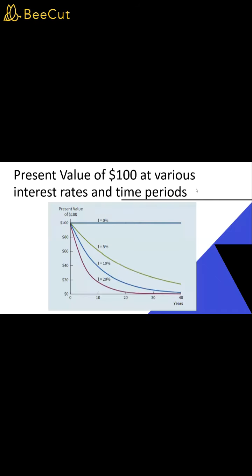Now in this slide, you can see it looks pretty much the opposite of the future value slide that we had seen. Here you can see a reverse situation happening. Obviously, if you're investing at 0%, the amount of $100 at 0%, the future or present value is just going to be the same. And here you can graphically see the impact that interest rates have on present value.